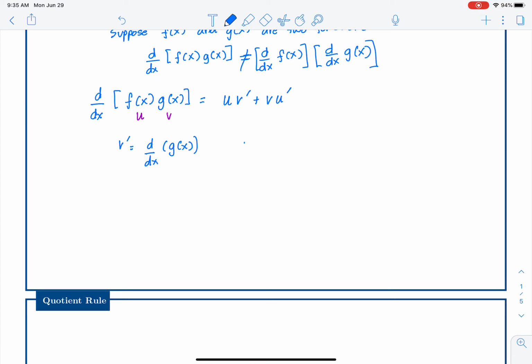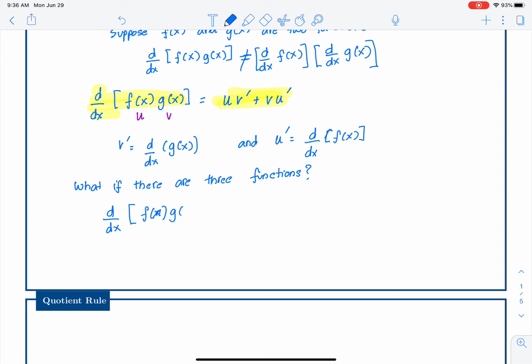So things get tricky. If we have three functions, f of x, g of x, and h of x, first we've got to find the derivative of that using product rule, let's just call it p of x.